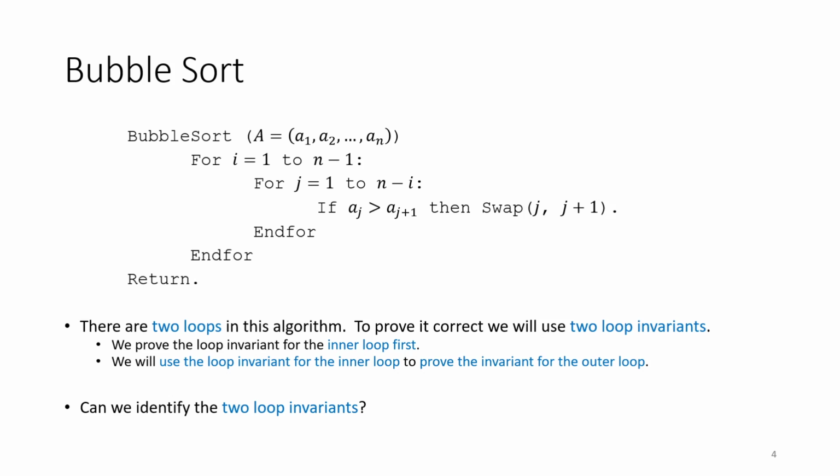In fact, sometimes they both depend on one another. And so, just like in the analysis cases, we usually start on the inner one because it's more isolated. Once we've finished proving how the inner one works, we can step out to the outer one, prove how it works, and then step out one more time and prove the whole algorithm is correct for our problem.